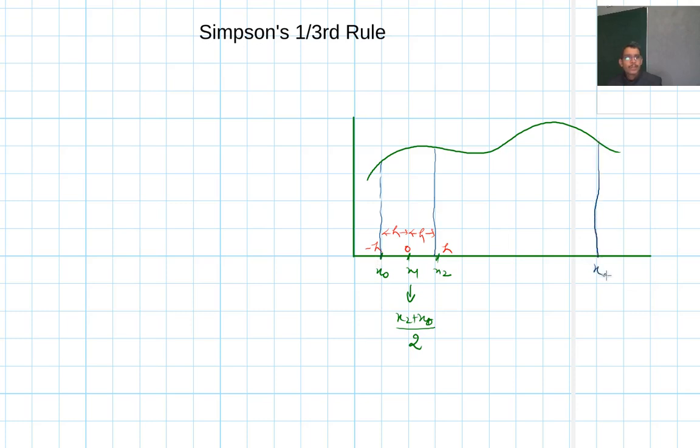But first of all, let us approximate this region, say this is the one region, and do one thing. Say this curve is replaced by some parabola. Means in this region we will define a curve and let us call it ax square plus bx plus c. It is f of x, a second order polynomial. This is the parabola.